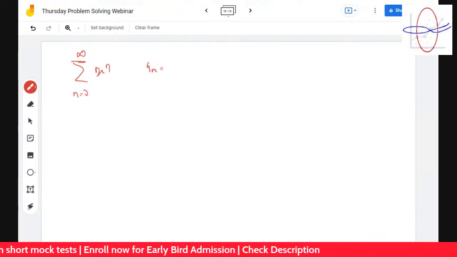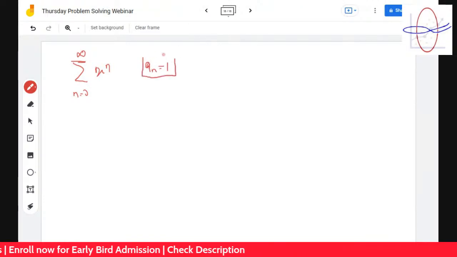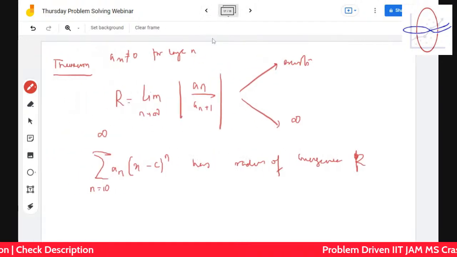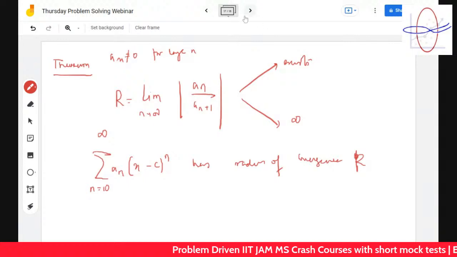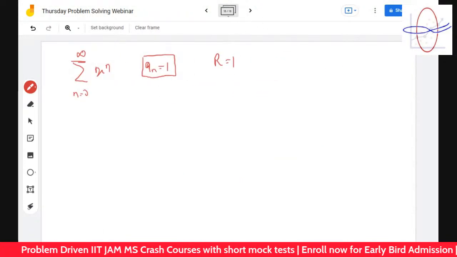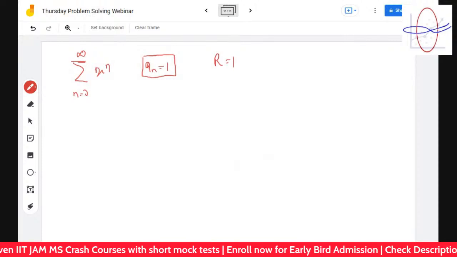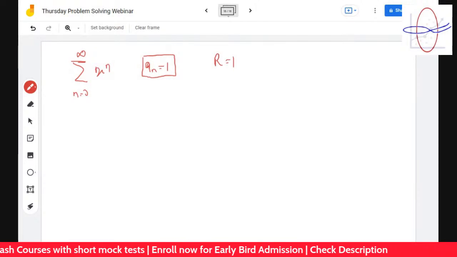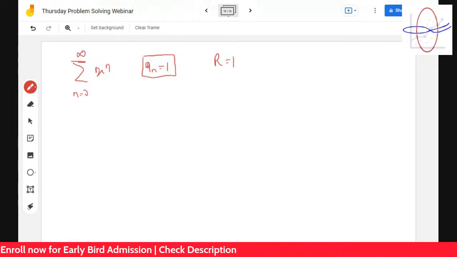Here an is equal to 1. Observe that R is equal to 1. So the radius of convergence is equal to 1.